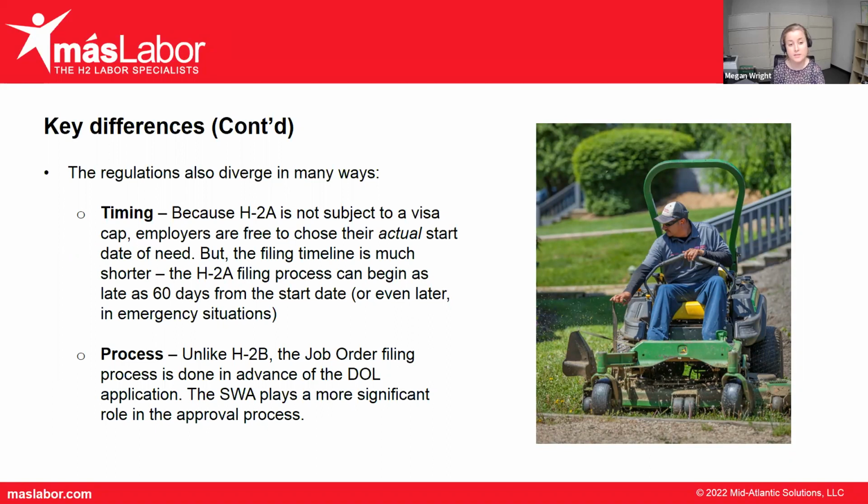So for example, if this year is your first year applying for the H-2A program as an operation, that filing process could actually be cut down even further to 45 days in advance of your intended start date. Also, when it comes to that process, the job order filing actually starts with the state in advance of the Department of Labor application.